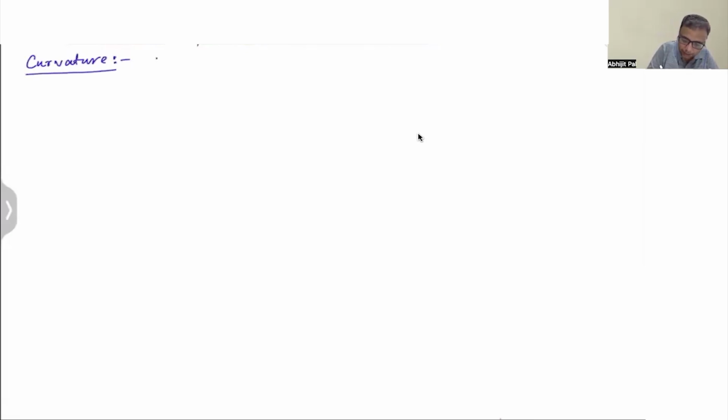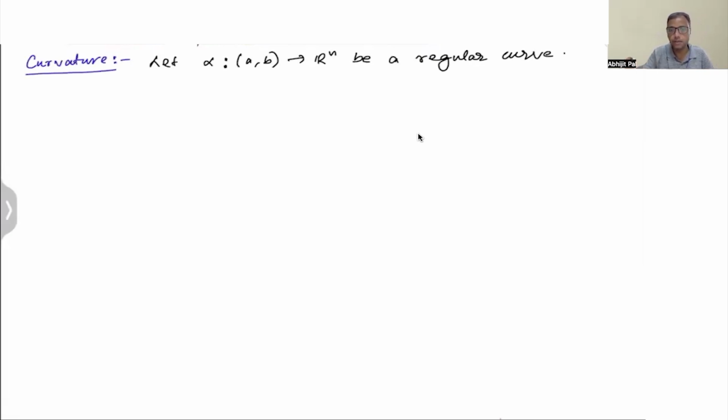So let us take a regular curve alpha in Rn. In order to define the curvature of alpha, we should reparameterize alpha such that the new reparameterization will be a unit reparameterization.